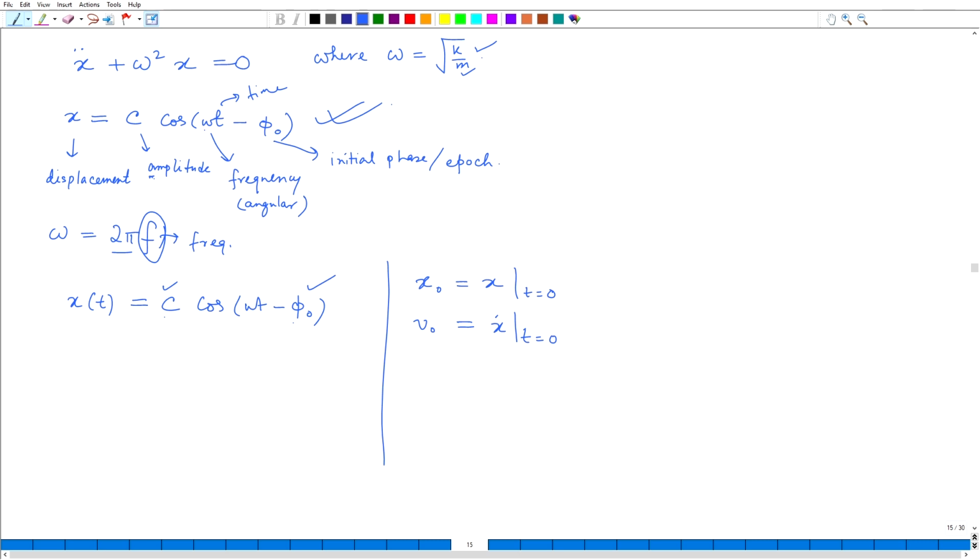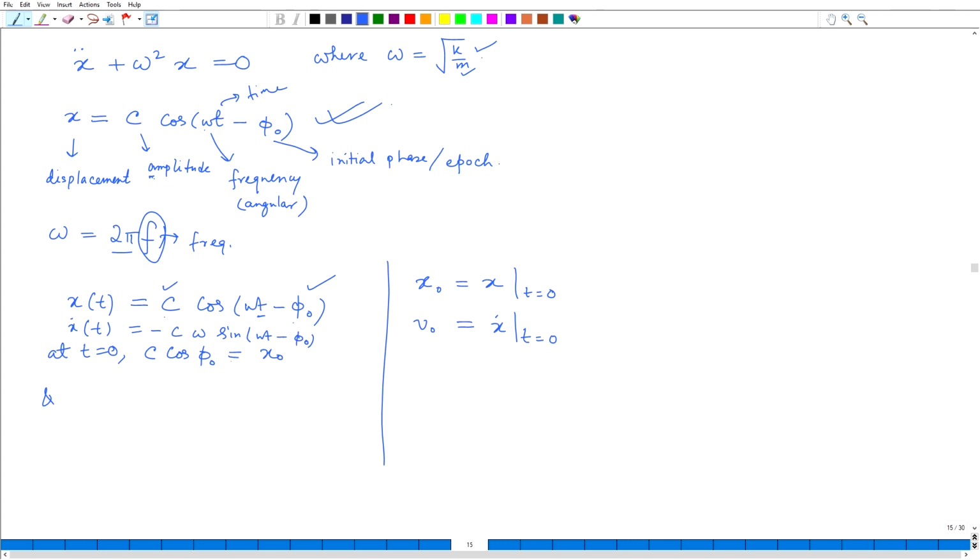I can simply write that at t equal to 0, c cos phi 0, because cos of minus phi 0 is equal to cos phi 0, is equal to x 0. We can also write x dot from here, which is equal to minus c omega sin of omega t minus phi 0.